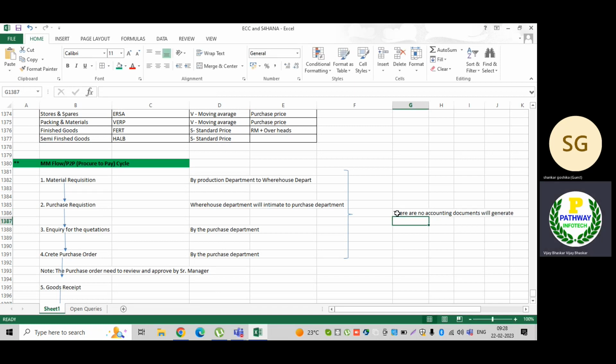So until purchase order creation, there will not be any accounting entries.